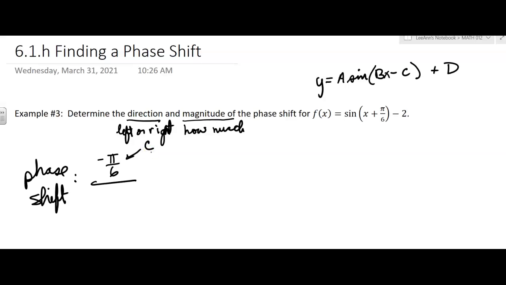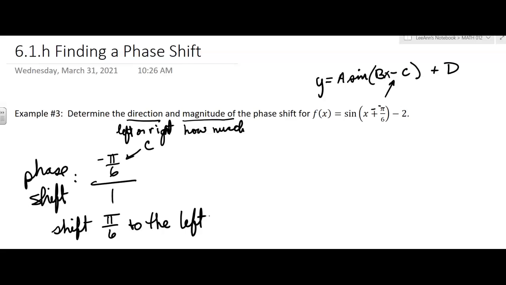And it's negative, right? Because our formula says minus. So you've got to think of that as minus a negative, okay? And then b is just 1 in this case. So it shifts pi over 6 to the left.